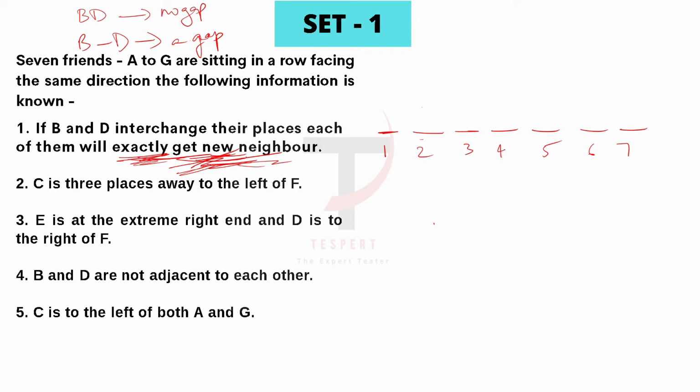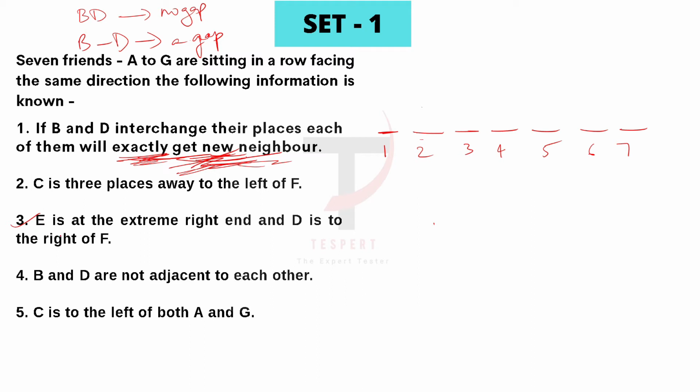After understanding statement number 1, which statement is the best to start the set? If we consider the third statement, E is at the extreme right end, and D is to the right of F. This is a direct statement, because it is directly given.